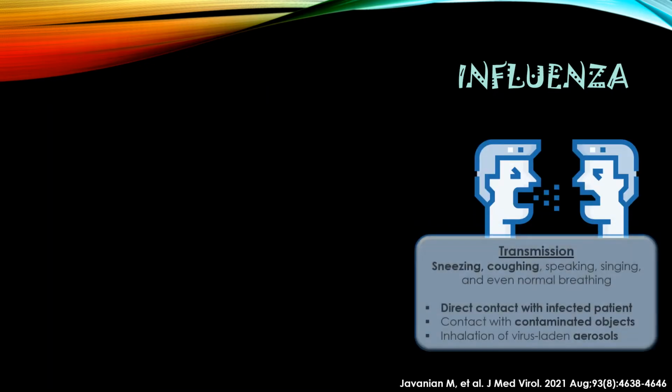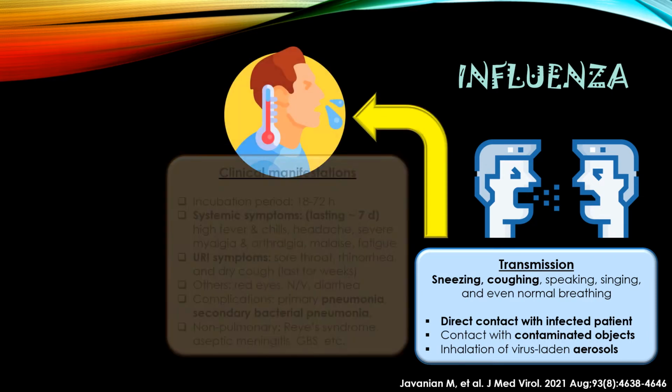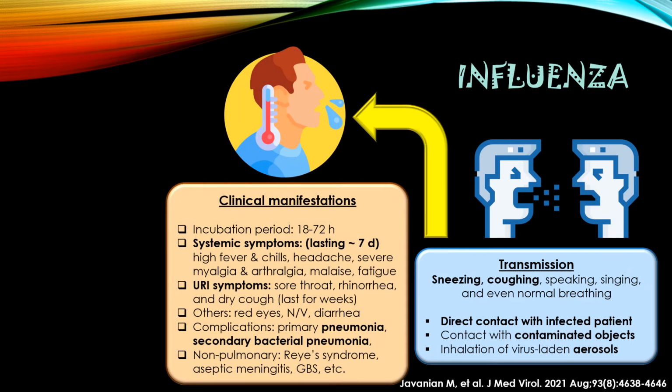About influenza, transmission is through sneezing, coughing, speaking, similar to COVID. Direct contact with an infected patient, contact with contaminated objects, and maybe viral aerosols. When the patient gets sick, the clinical manifestation has acute onset. The incubation period may be less than 1 day.